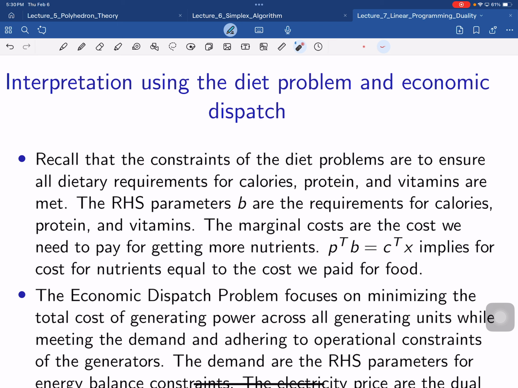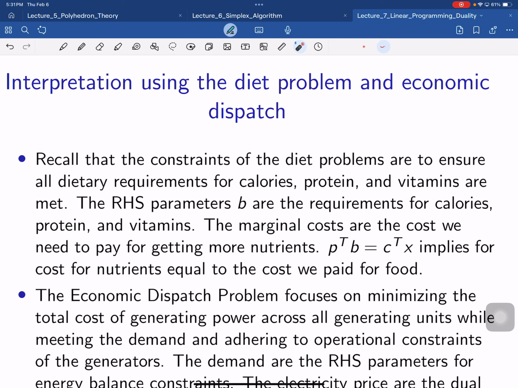Now, how do you interpret the marginal cost here? The way you can interpret the marginal cost is the cost you pay for getting more nutrients. Remember, what does C transpose X mean in that particular problem? That means the money you spend on purchasing eggs, milk, apples, and so forth.